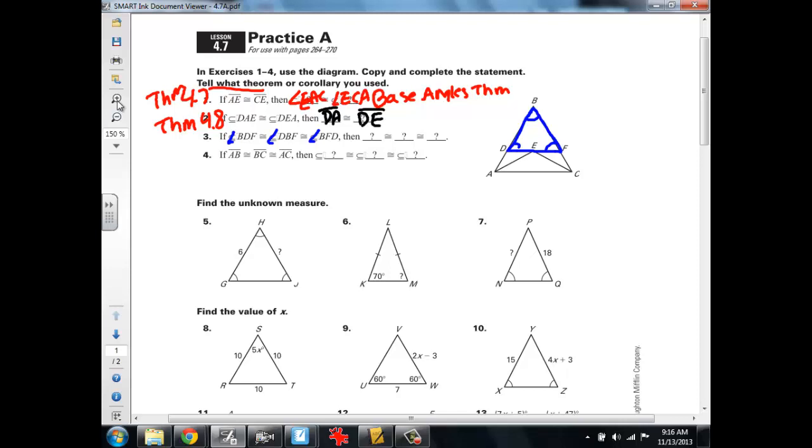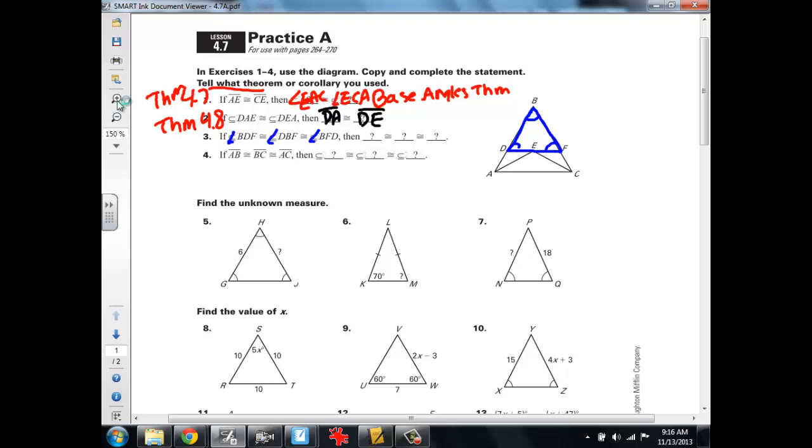But hold on a second. We need to identify our theorem or corollary down here, right? So now we're switching gears. Now we're talking about equilateral and equiangular. The corollary to the base angle says if a triangle is equilateral, is that where I'm starting? No, it's the second one. I'm saying if a triangle is equiangular, then it's equilateral.